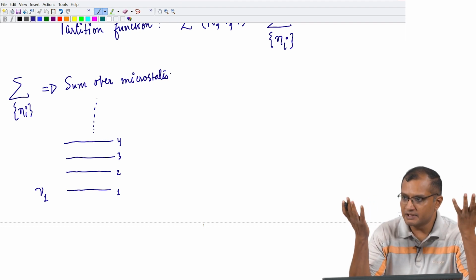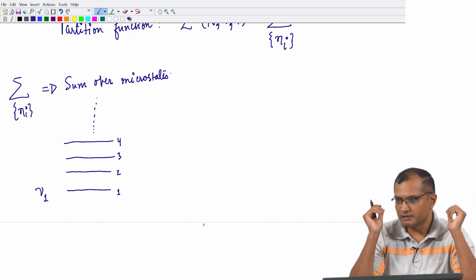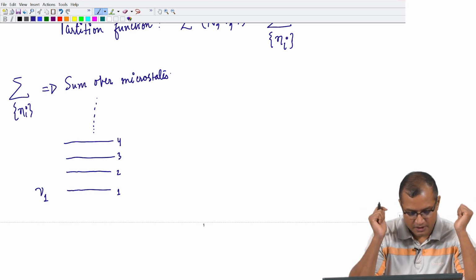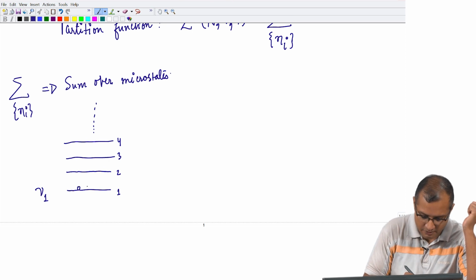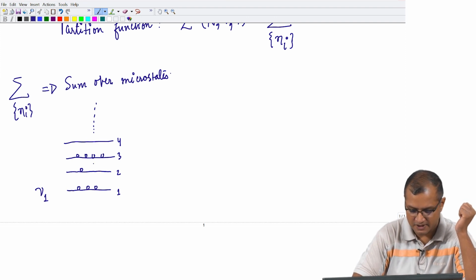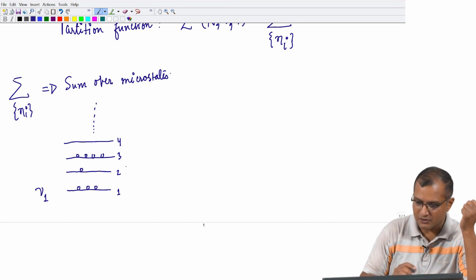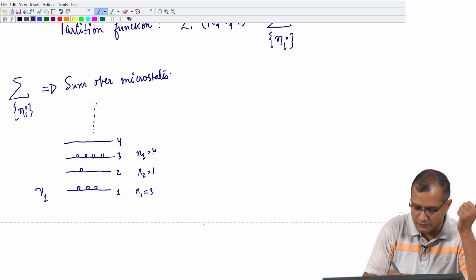Okay, the number of energy levels is basically uncountably large. And let us say in the microstate mu 1 I am having 3 bosons sitting in the first level, 1 boson sitting in the second and 4 of them sitting here. So, basically for the microstate mu 1 I have n 1 equals 3, n 2 equals 1, n 3 equals 4 and so on.